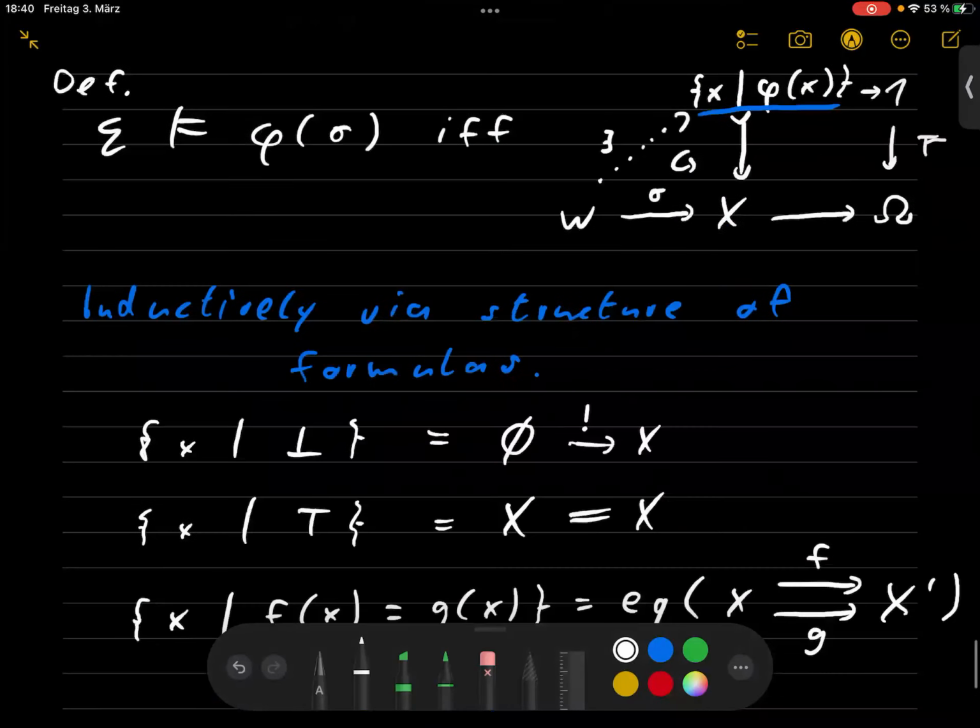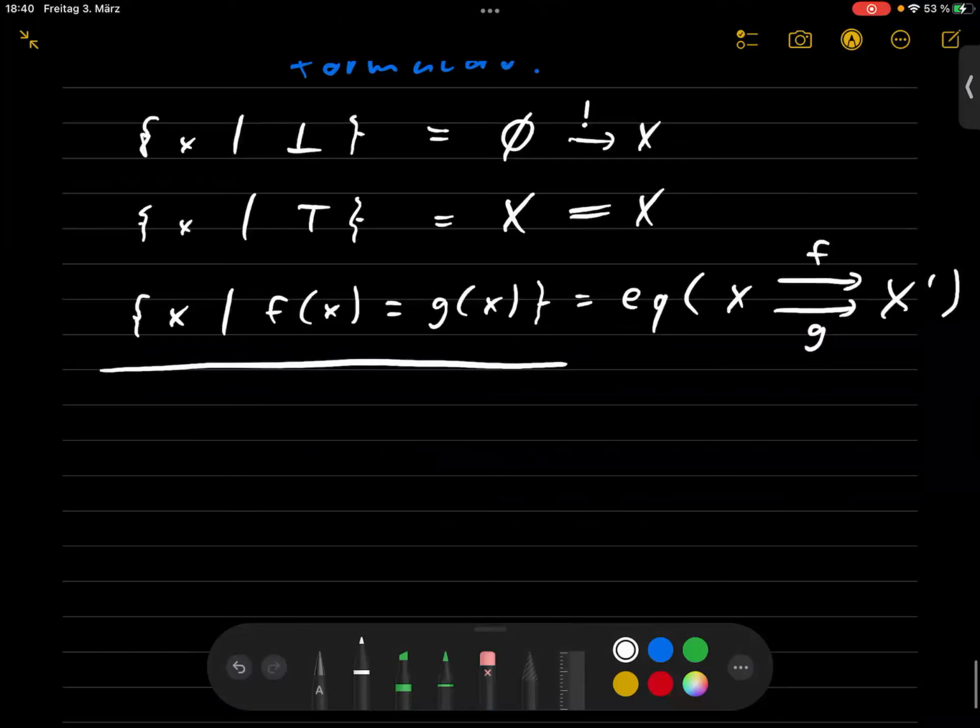Okay, and to get the other stuff, if we already have interpretations of phi and psi, then we want to get an interpretation of the conjunction. And this would be all X such that phi of X and psi of X. Not too important, we just remember that X is the tuple of variables in there.